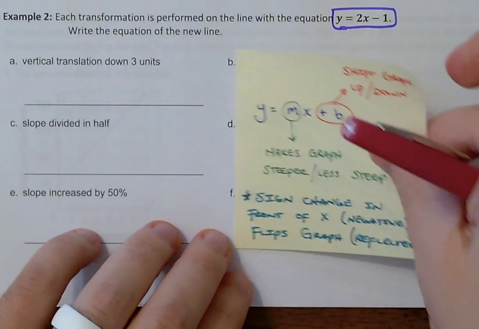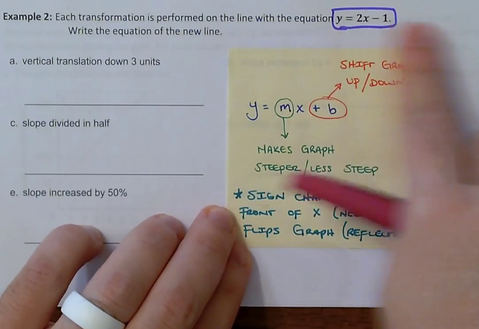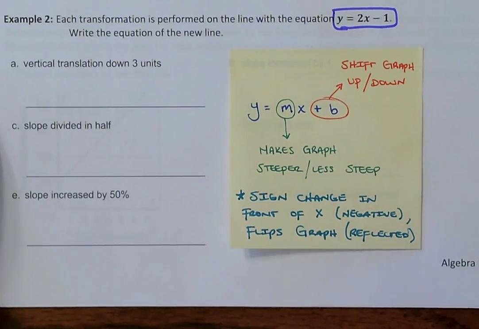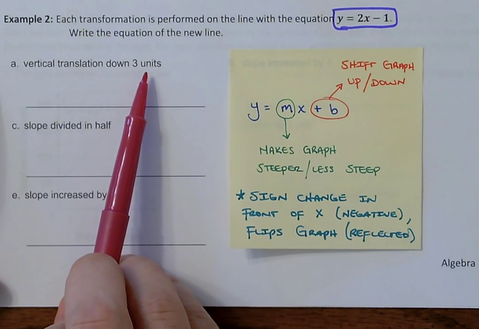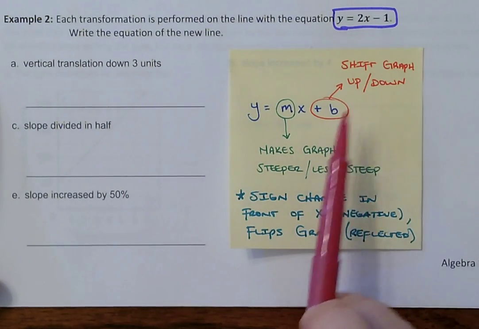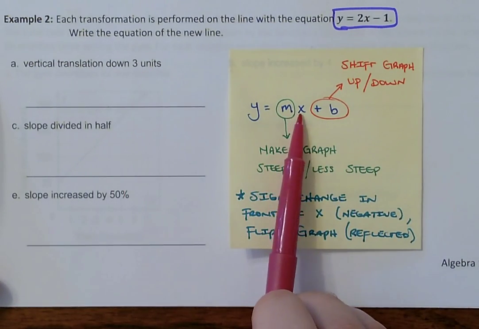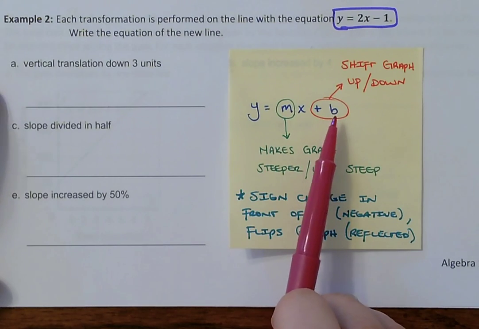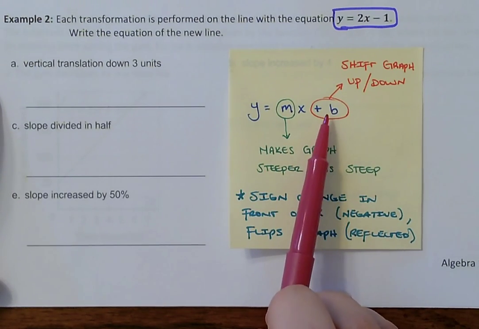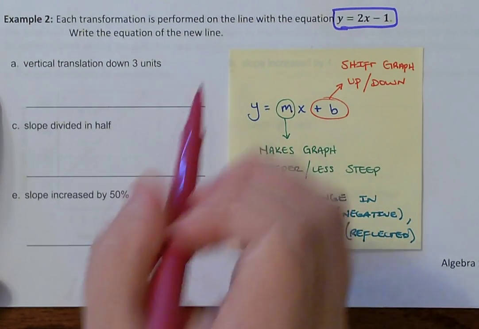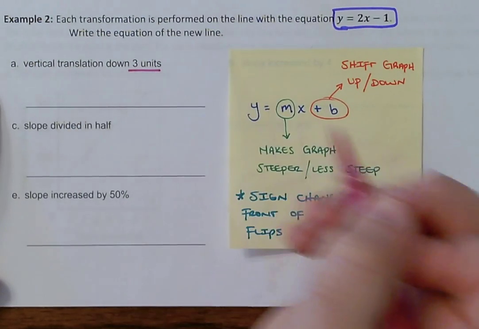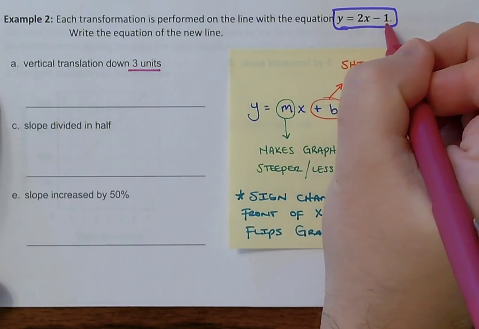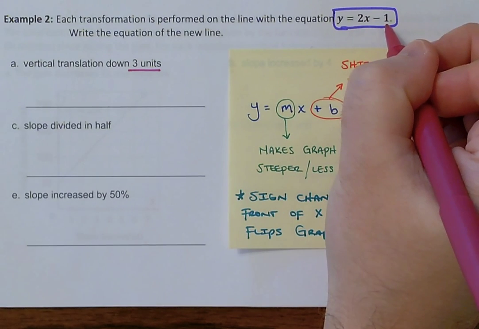So we're just going to focus on the left side, then we'll go to the right side. So if we want to go down 3 units, okay, in this y equals mx plus b, if we're shifting the graph up or down, that's changing this value of b. Because we want to go down 3 units, we have to take this minus 1 and go down 3.